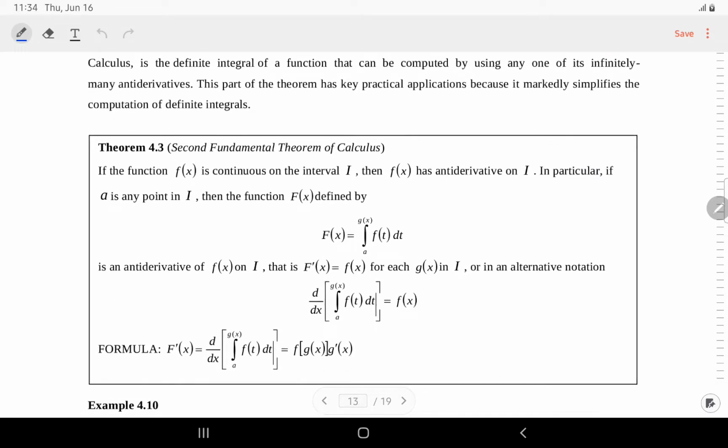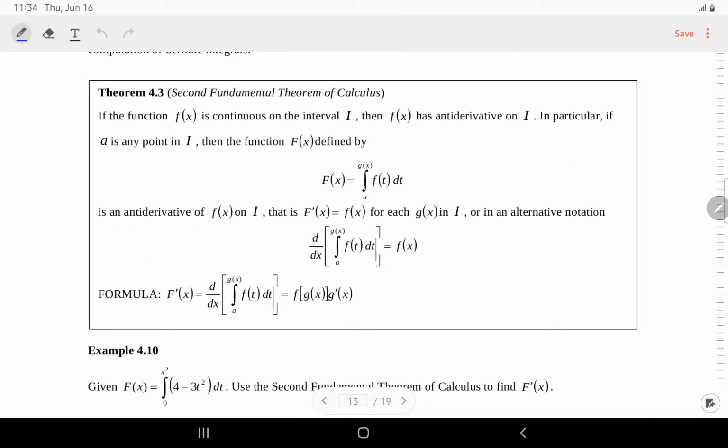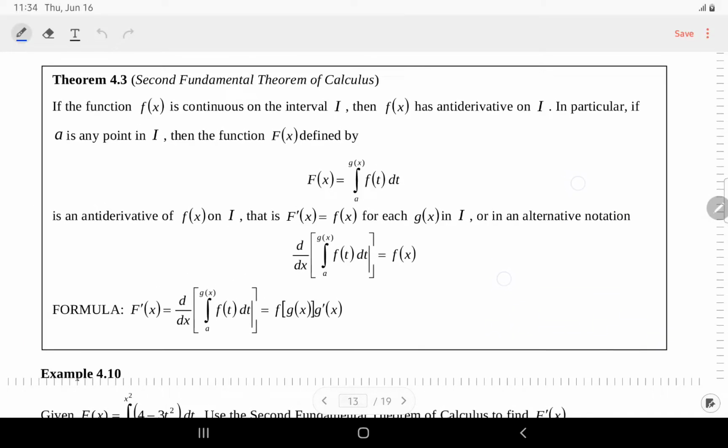So this is the theorem that we are talking about, the second fundamental theorem of calculus. For any function f of x that is continuous in interval I, the function has an antiderivative, or the function can be integrated on I. In particular, if a is any point in I, then the function f of x is defined by this theorem.